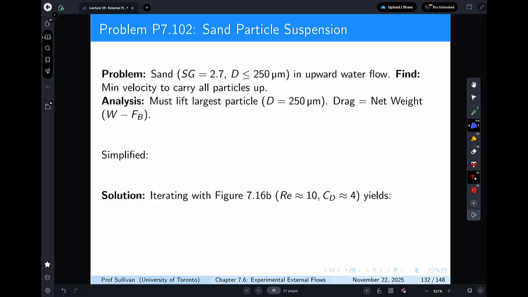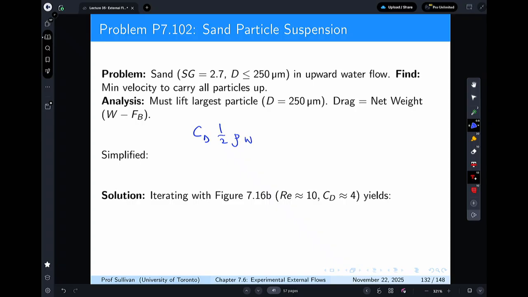I'm going to try and do this really quickly, and we'll stop after this one. Sand. You love sand because you've seen sand roughness is really important to your chapter 6 work. So you have sand in an upward water flow. Find the minimum velocity to carry all the particles up.